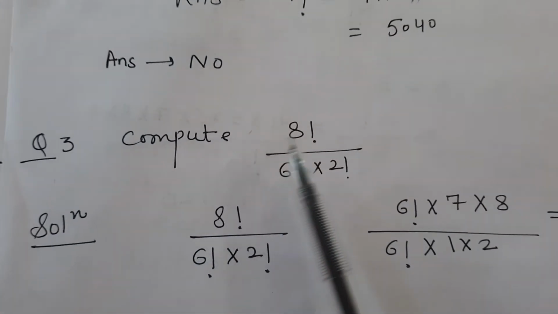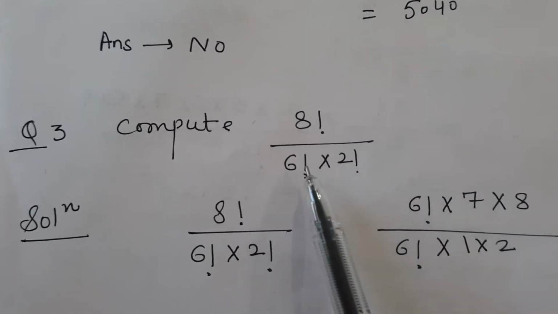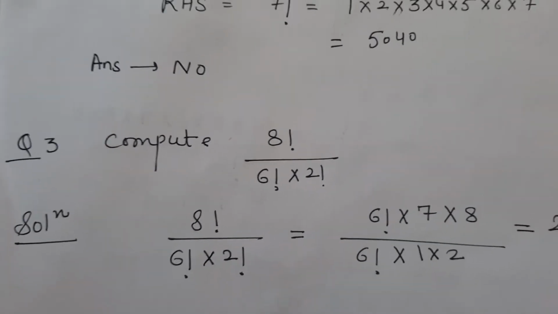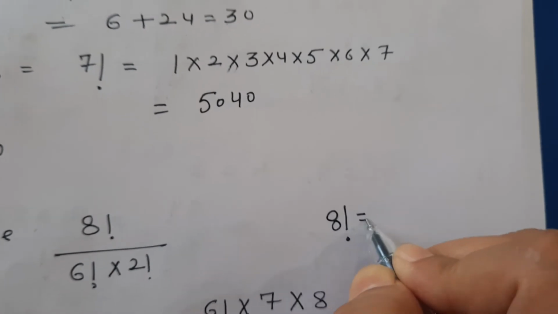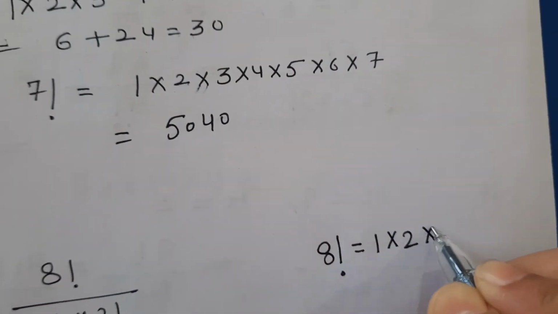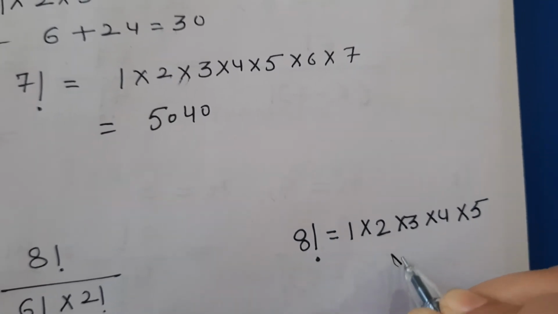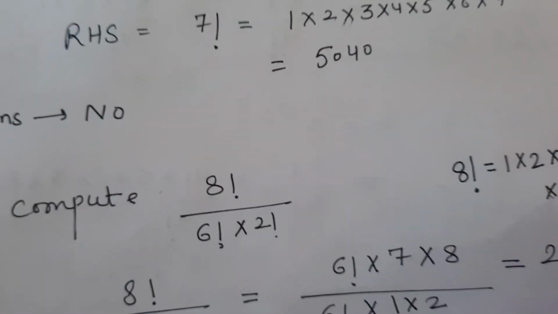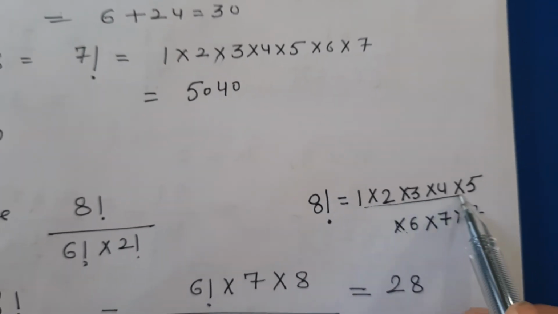Next, compute 8 factorial divided by 6 factorial into 2 factorial. Now just look here. Here you can split this 8 factorial in terms of 6 factorial. As we know, 8 factorial represents the product of first 8 natural numbers. We have a term of 6 factorial in the denominator. That means we'll write our answer in terms of 6 factorial.